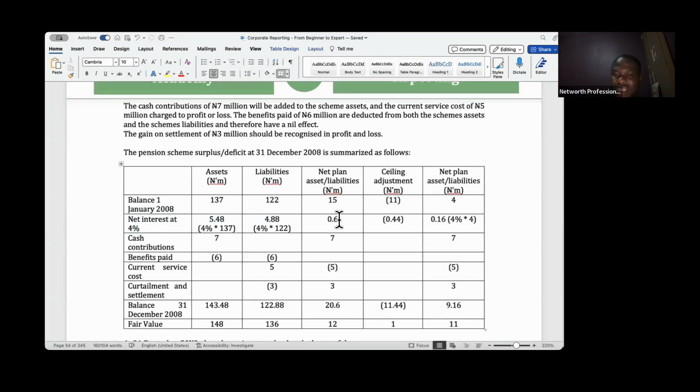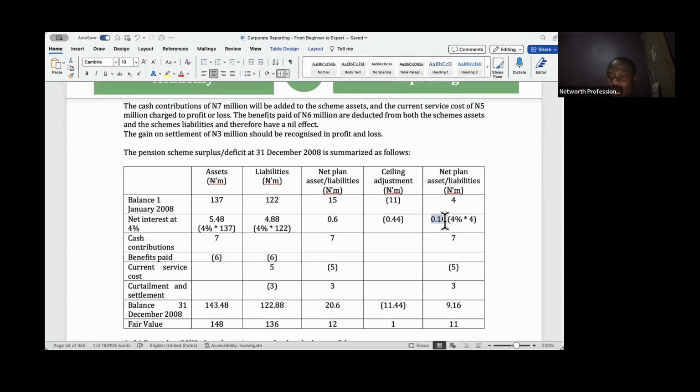However, since what I need is net, and I have already explained that it's not this 15 that goes into our books as net, it's this 4. That means the net interest that will go into our books will actually be 4% of this 4, which is 0.16. Again, that means we are reducing from 0.6 to 0.16. So there's a reduction by 0.44.